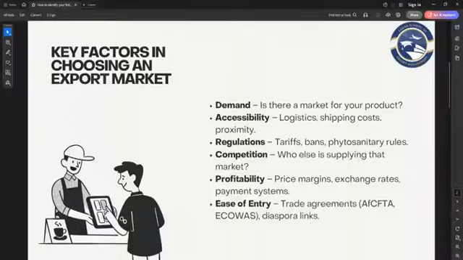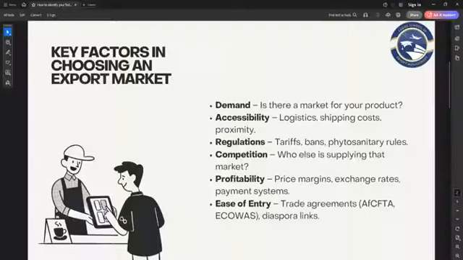So even while you are loading your shipment, while you are putting your consignment together, you want to research, you want to ask questions from your agent in that country or in that market, or from your prospective buyer, or the buyer you are already in a contract with in that country, to know if that product or commodity will get into the country or not.